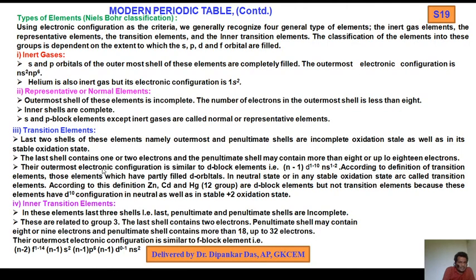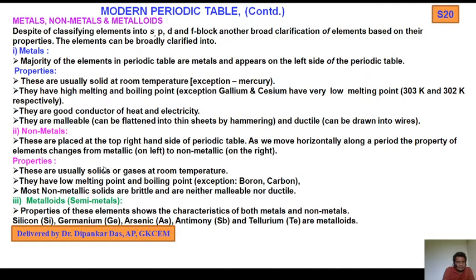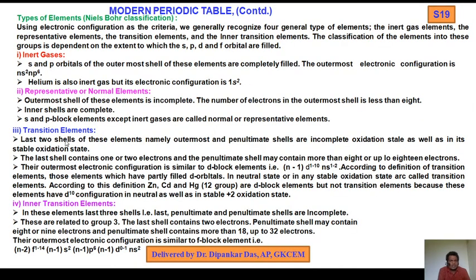Now transition elements. The last two shells of these elements, namely the outermost and penultimate shells, are incomplete in the neutral state as well as in the stable oxidation state.